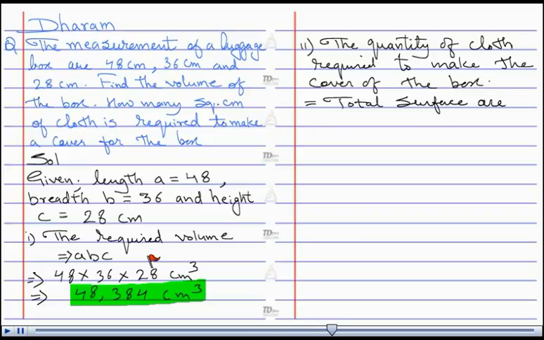surface area of the box, and we know that the surface area of a cuboid is given by the formula 2 times (AB plus BC plus CA), where A, B and C are the respective X, Y and Z dimensions of a cuboid.